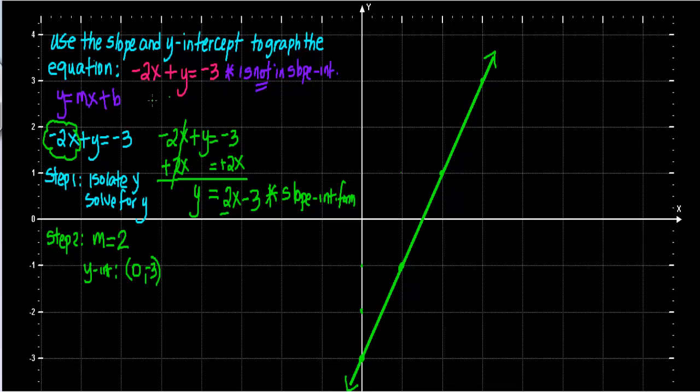So this form doesn't help me find the information I need in order for me to draw this line. So that requires me to change from this standard form into slope-intercept form, and then I'll get my information.